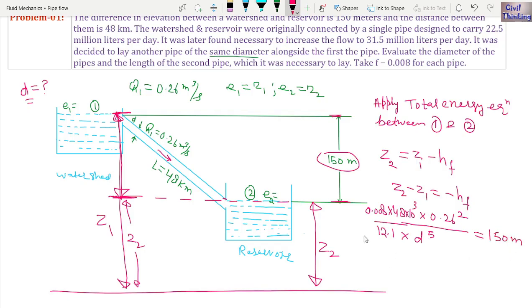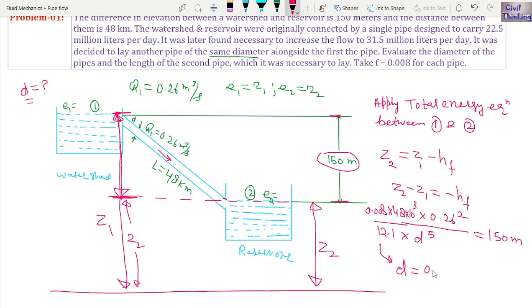Now, when you simplify this equation, okay, using the calculator, you will get the value of D. You have to put all of these things in the calculator. If you don't know how to solve this equation to find D directly, without too many steps or just in one step, please comment. I will tell you how to do this. So let me use the calculator.